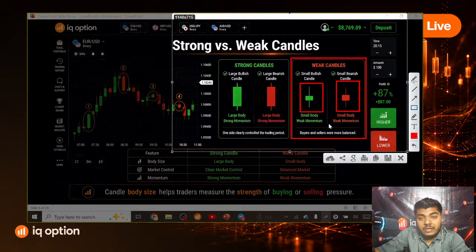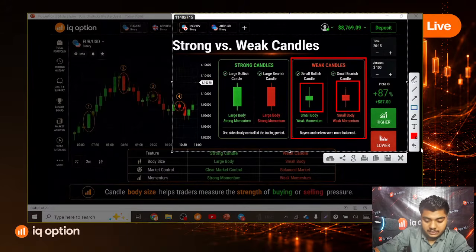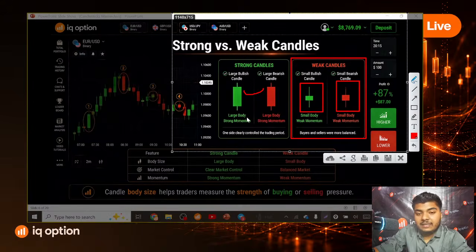So remember, a strong candle does not predict where the market will go next. It simply shows which side is stronger and which is weaker, which side shows good strength here. By understanding a candle, we know whether buyers are going to push the price in the upward direction, or the sellers are going to push the price in the downward direction.